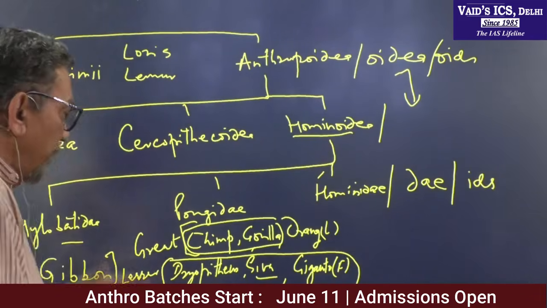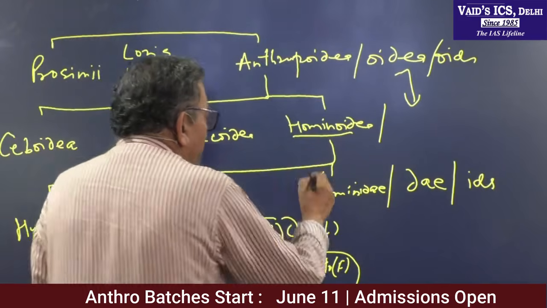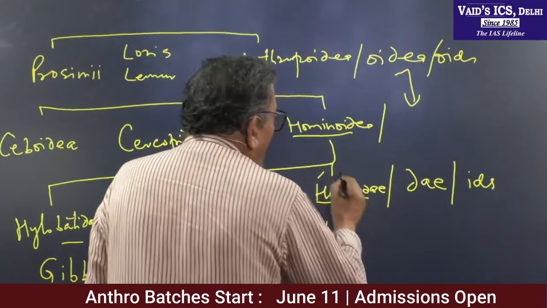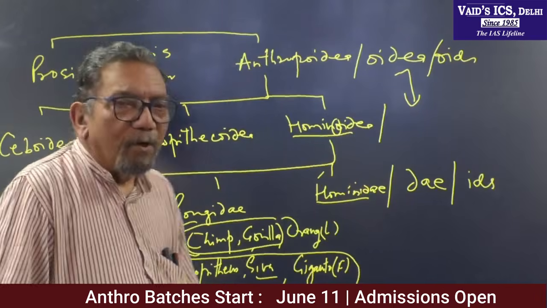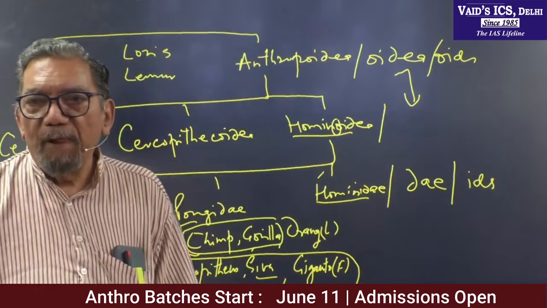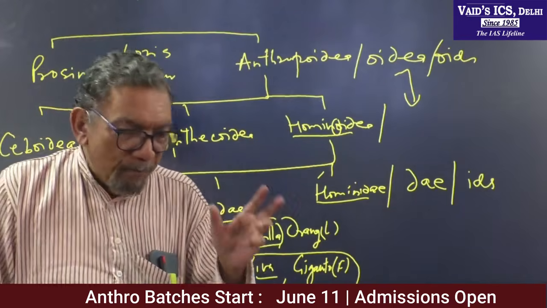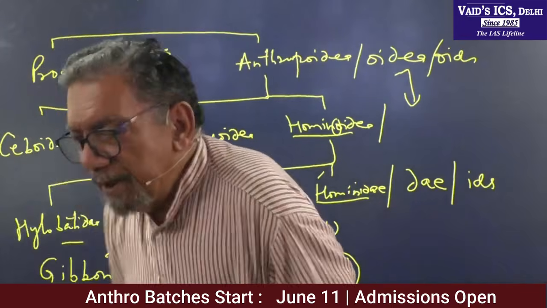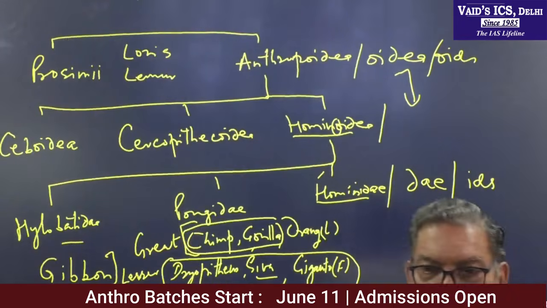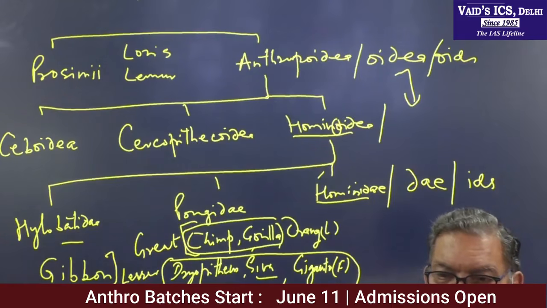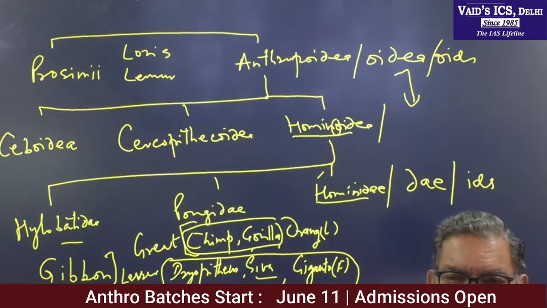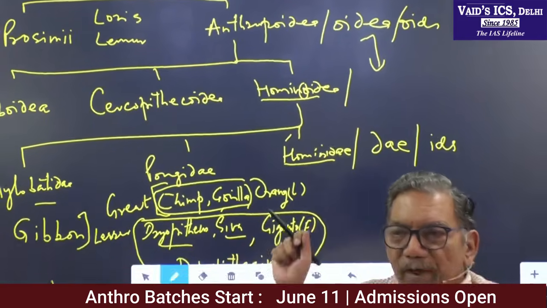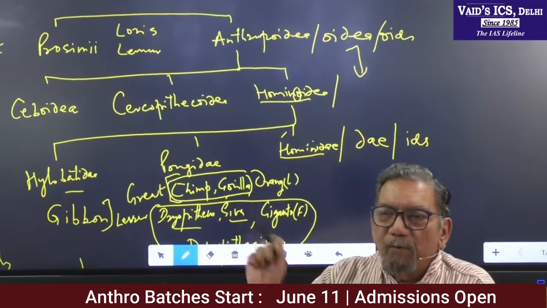The problem is that when you study these two, the only difference is an O. Hominoid, hominid. So when you read hominoid or hominid, don't get confused. If you read hominoid, don't think that O is superfluous, a printing error. Or if you read hominid, don't think that O is missing.